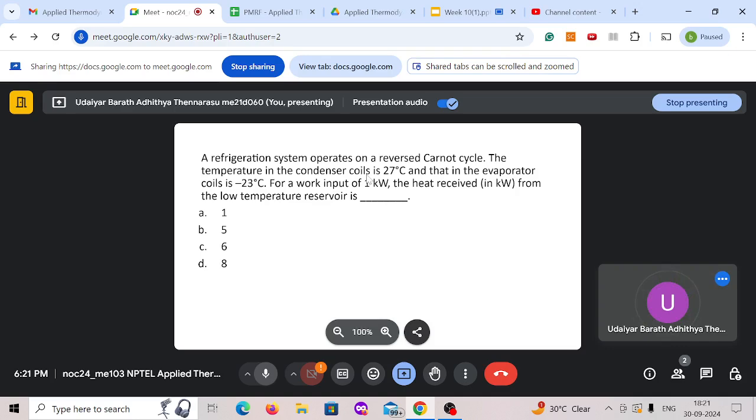so, Carnot cycle. Normally the efficiency in a Carnot cycle is defined as the desired output divided by the input given.